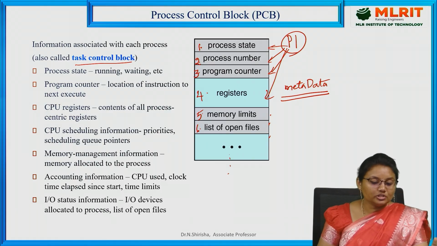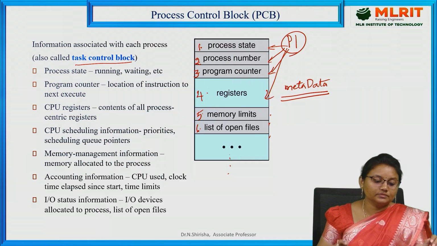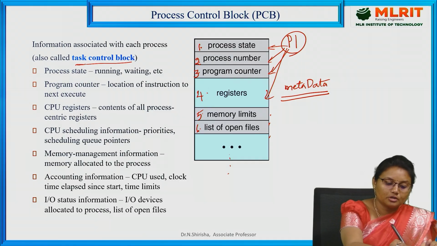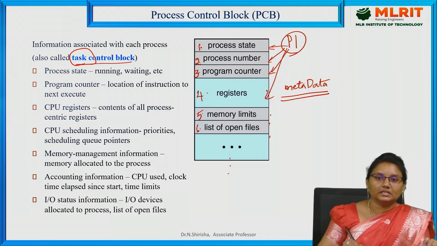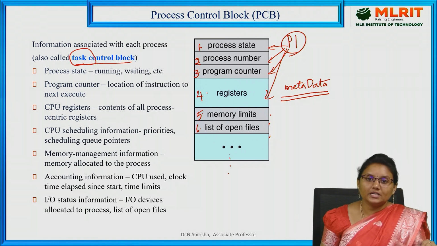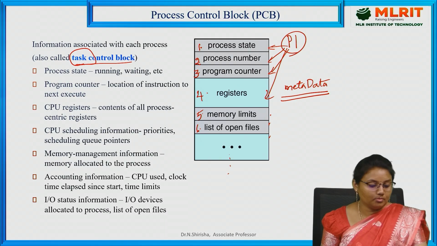So the information associated with each process we call either a process control block or a task control block. If it is a batch process, we call it a job. That may be a task control block also.